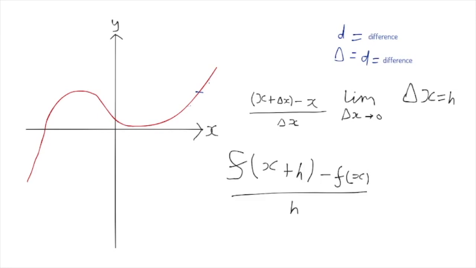If we take a limit as h approaches 0 of this term, we get the change in y, dy by the change in x, dx, which equals the gradient at whatever point x we chose here.